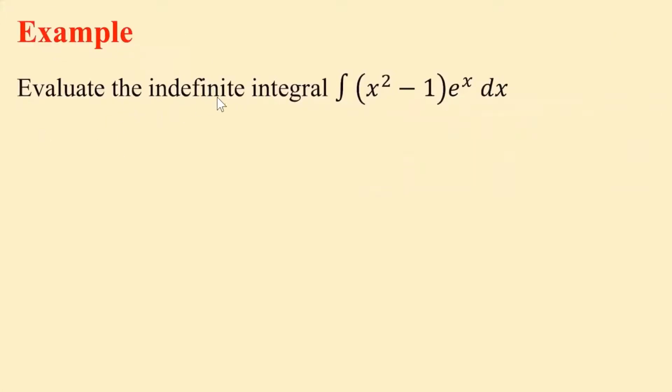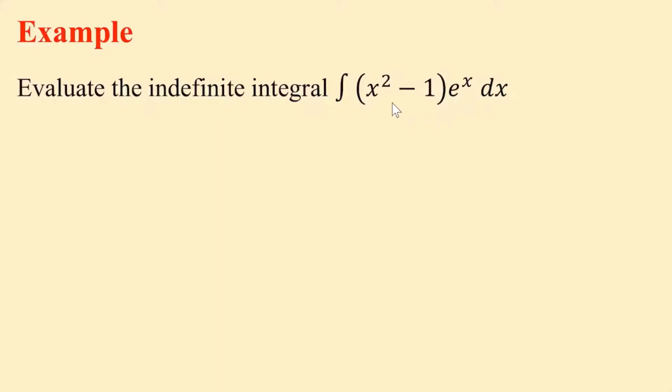Example, evaluate the indefinite integral, integration of x squared minus 1 times e to the x dx. If we look at this closely, you can see that this is the product of the polynomial function and exponential function. Because we are integrating the product of two functions, we can use integration by parts.